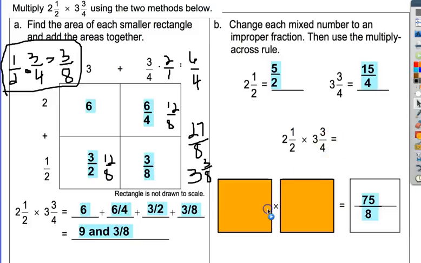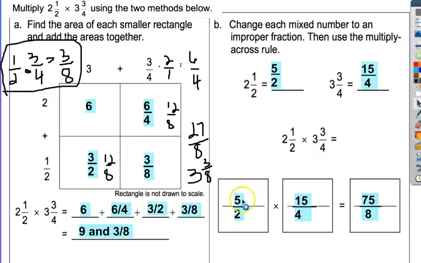So I'm going to have 5/2 times 15/4. 5 times 15 is 75. 2 times 4 is 8. 75/8 is an improper fraction. 8 goes into 75 9 times. 9 times 8 is 72, and 3/8 are left over.